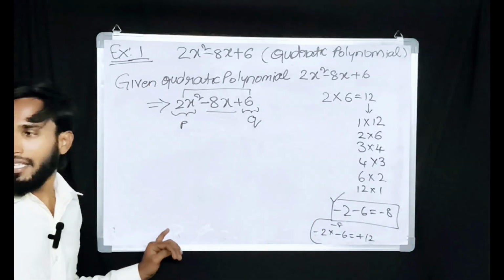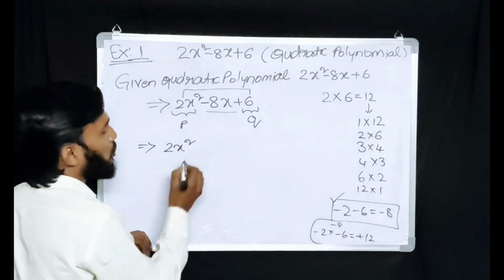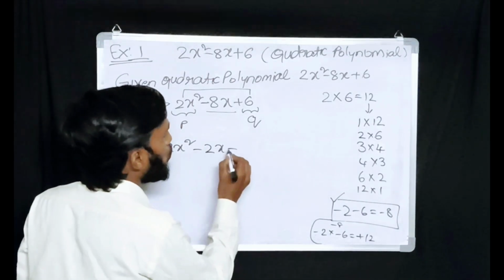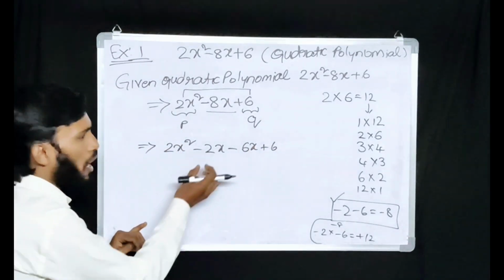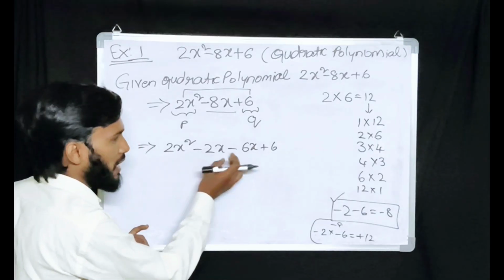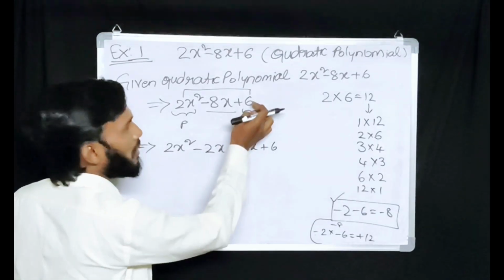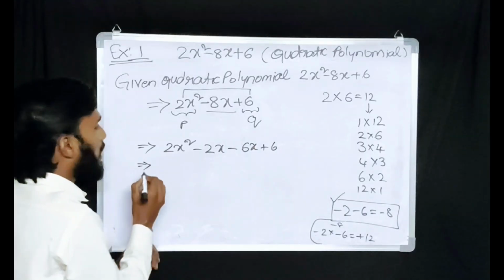Now how to write that? 2x square minus 2x minus 6x plus 6. Here minus 2 minus 6 is minus 8x, and minus 2 into minus 6 is 12. Now take common.